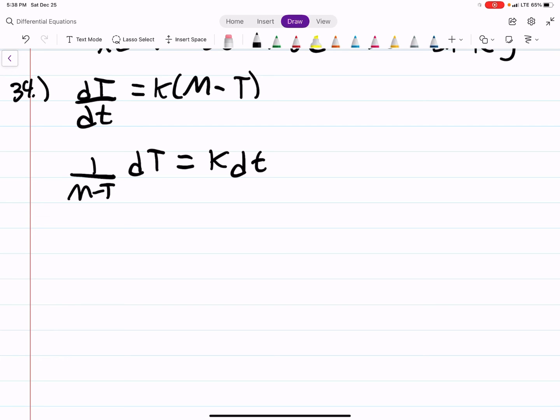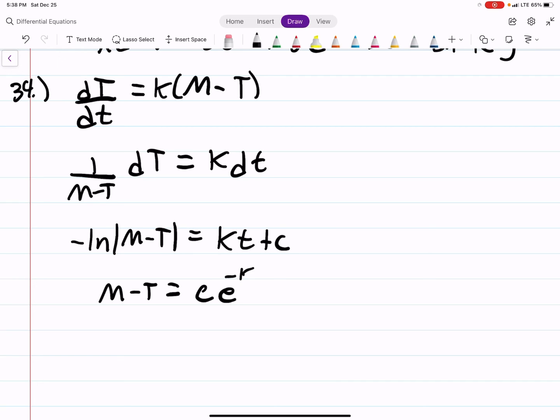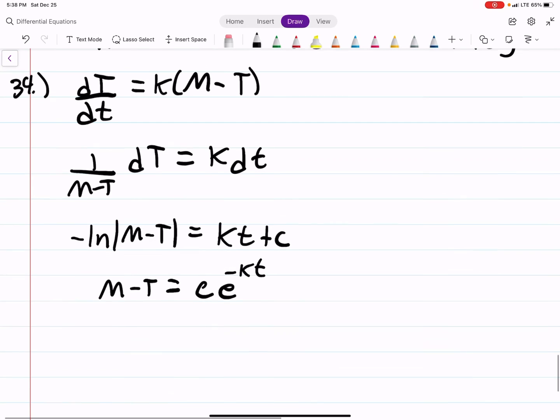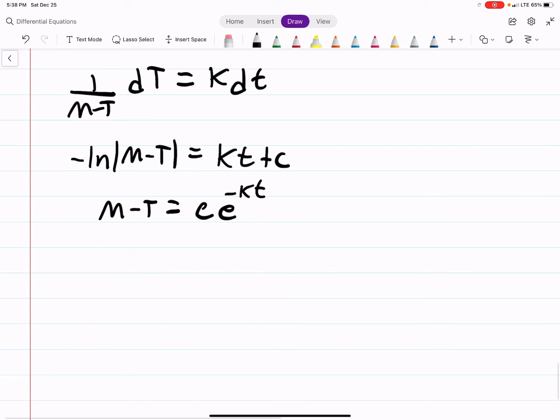Okay, so integrating both sides, we'll have minus the natural log of m minus T equals kt plus c, another constant. Or m minus T equals ce to the minus kt. Just taking the exponential of each side, and e to the c is just a constant, so that can just go there. And then, of course, T is m minus ce to the minus kt.